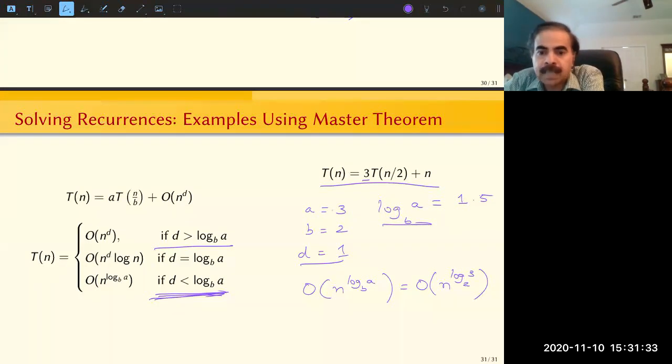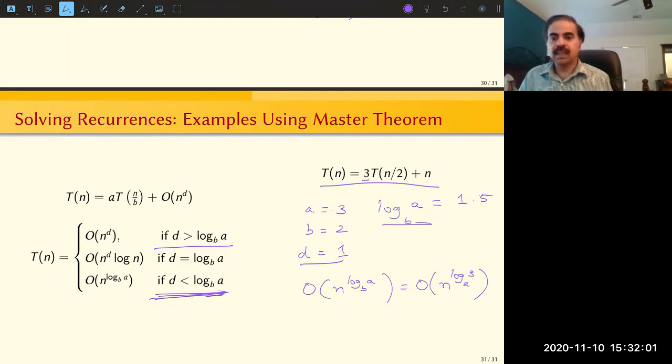Okay, any questions? So that brings us to the conclusion of the discussion on solving recurrences, right? So we talked about three approaches: the plug and chug technique, the second technique, which is applicable to linear recurrences, and then the third technique, the master theorem for solving divide and conquer type recurrences, right?